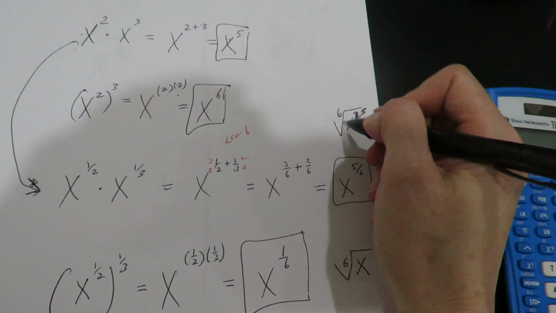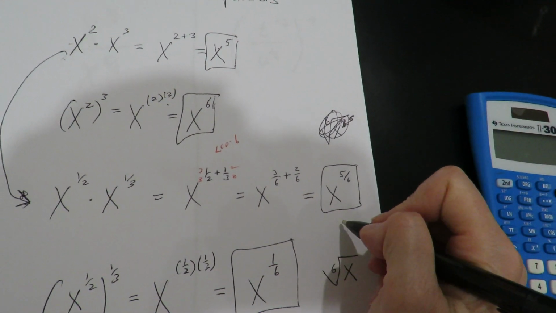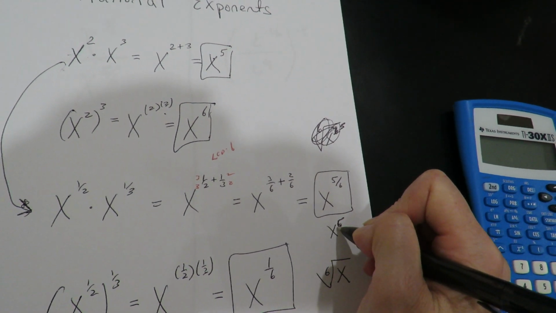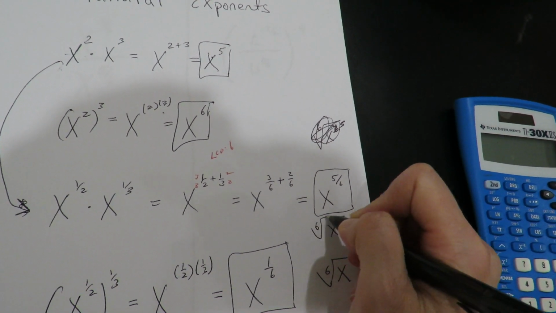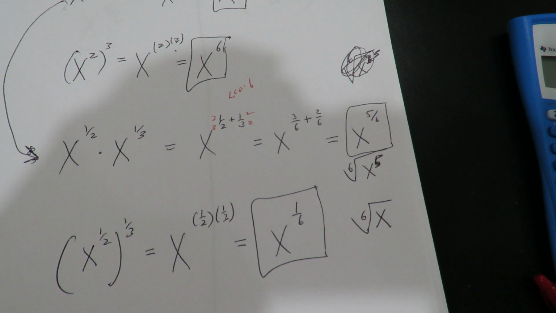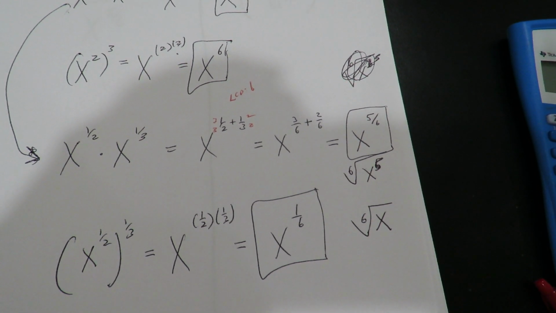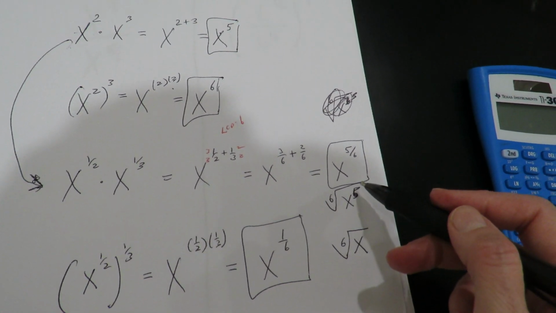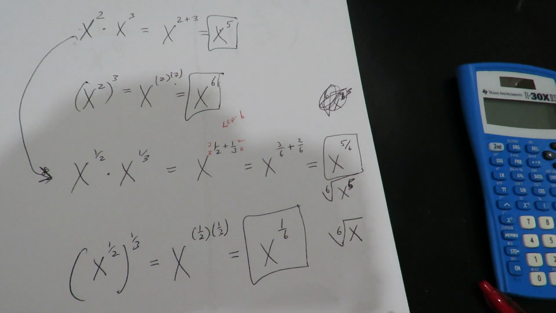Let me just write it over again. This one here is the 5th power to the 6th root. So these can be converted into radicals, but I don't want you to do that. I want you to leave the final answer in fractional form.